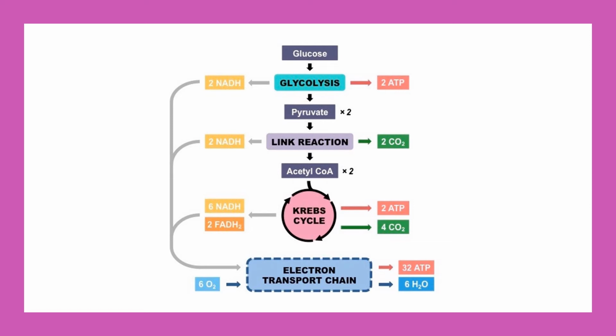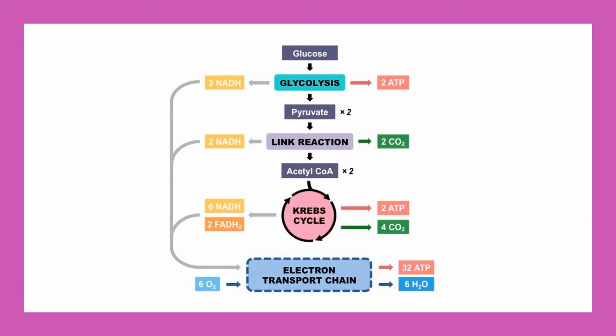So this section will just briefly explain the overview of these different processes, but the detailed processes will be discussed during the synchronous session. The image that you see here is the overview of aerobic cellular respiration.